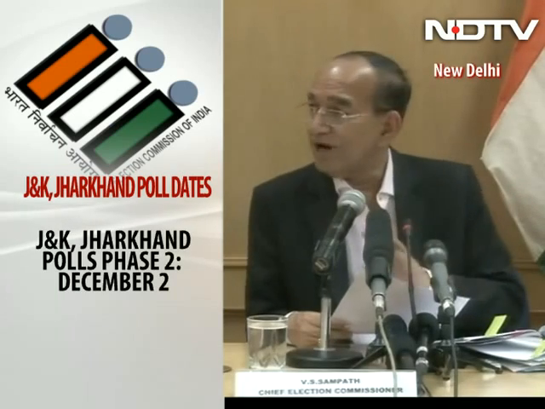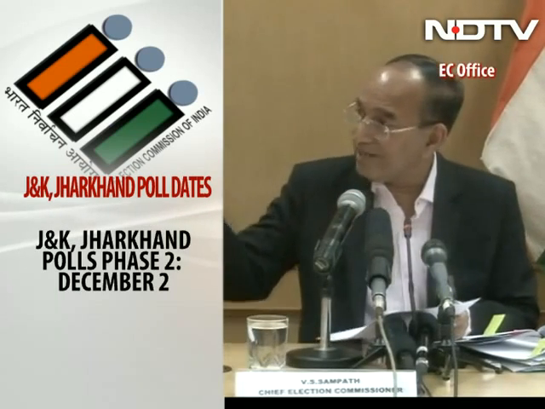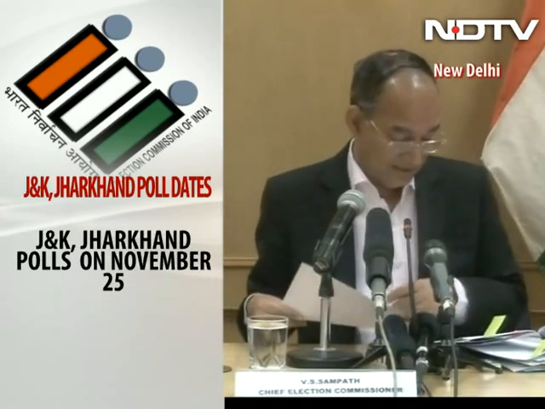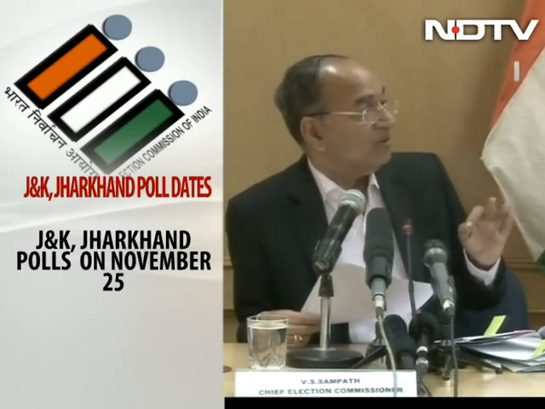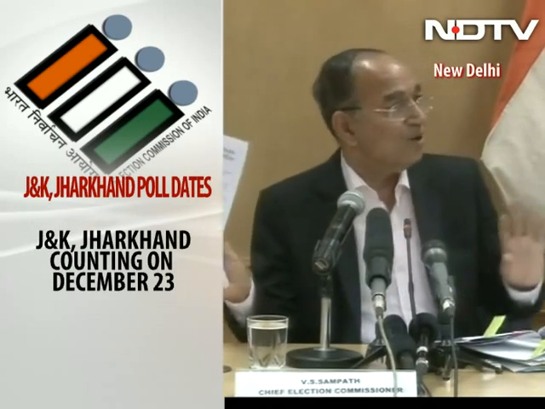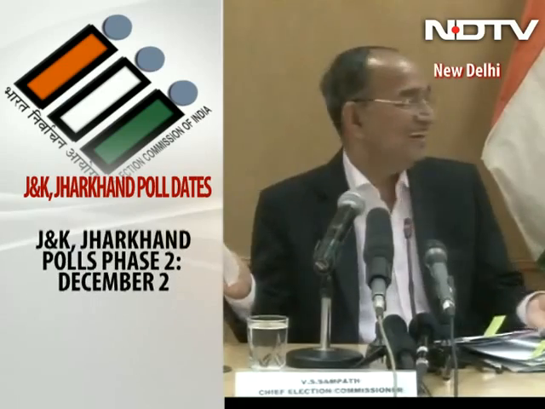All other details, what I have mentioned to you, what will be given to you in the press note, are common for both the states. And the counting will be 23rd December. Do you want me to read out the schedule for Delhi once again separately? No need? Fine.